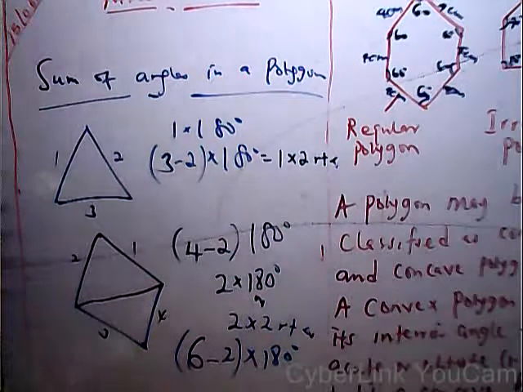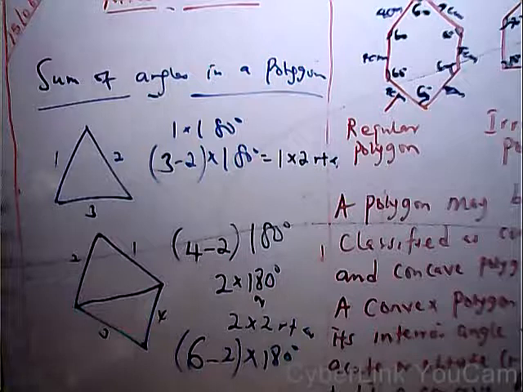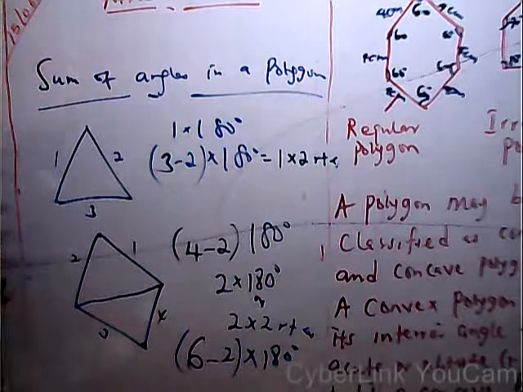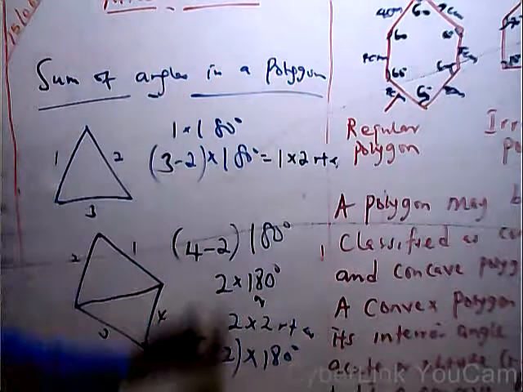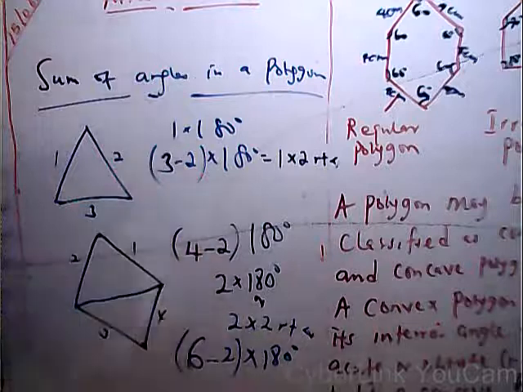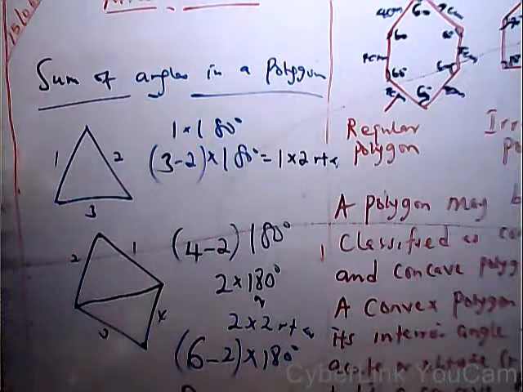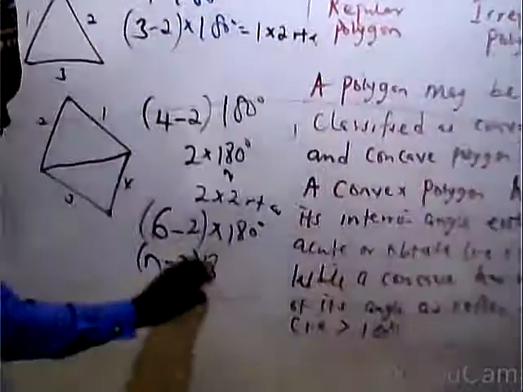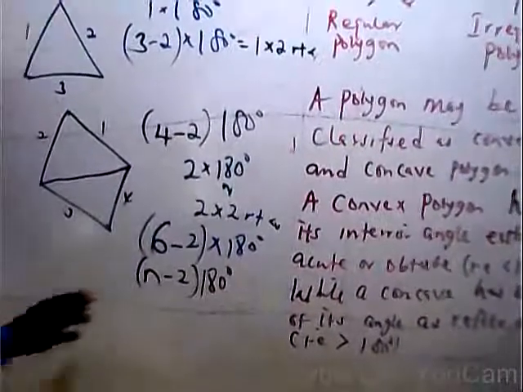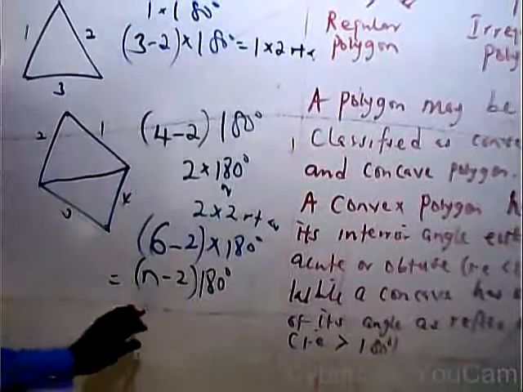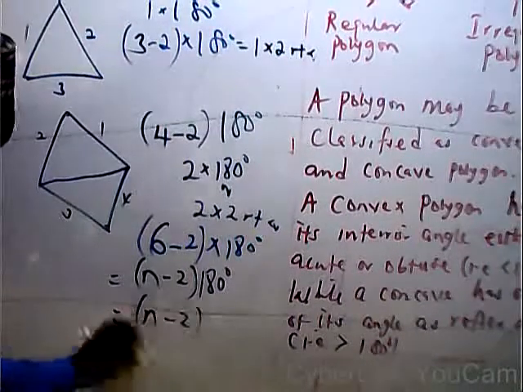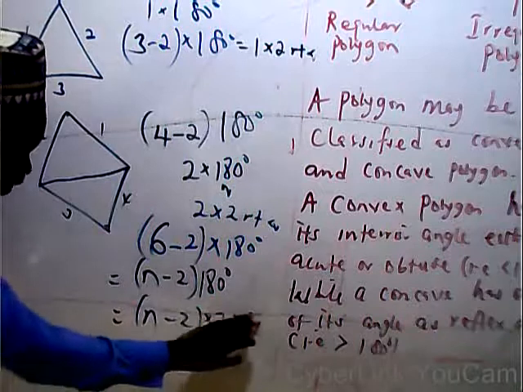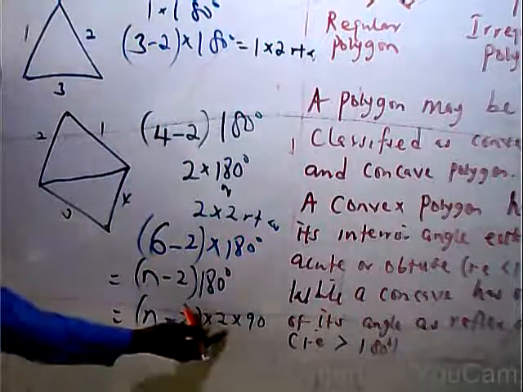So when you have a case where you don't know the number of sides, we take it as an n-sided polygon. So when you have an n-sided polygon, from what we are doing here, the sum of the angles will be n, because you don't know the number of sides, minus 2 into bracket 180 degrees, which can be written as n minus 2 multiplied by 2 multiplied by 90 degrees. Use the 2 to open this bracket.